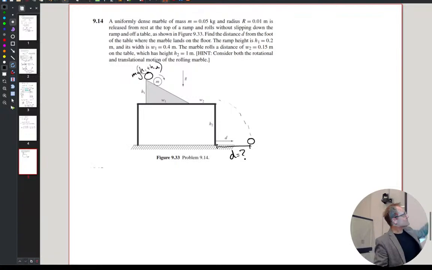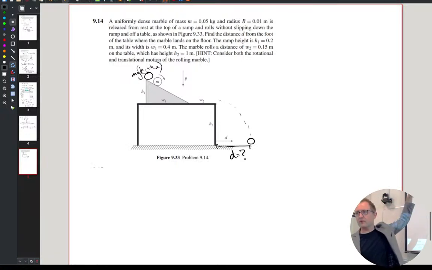Is energy conserved when we go from the ramp to the table? So if I have MGH1 and it all gets turned into kinetic energy, do I lose any kinetic energy as it comes off the ramp?